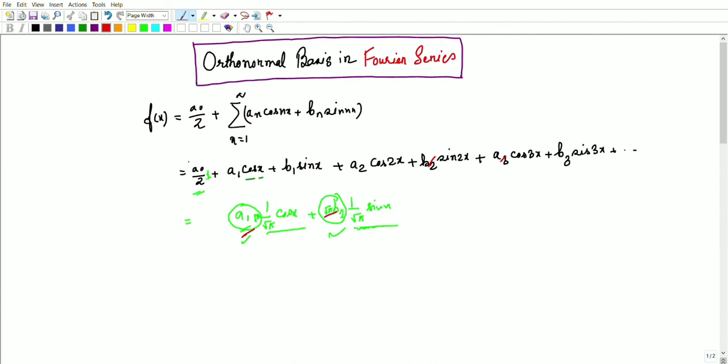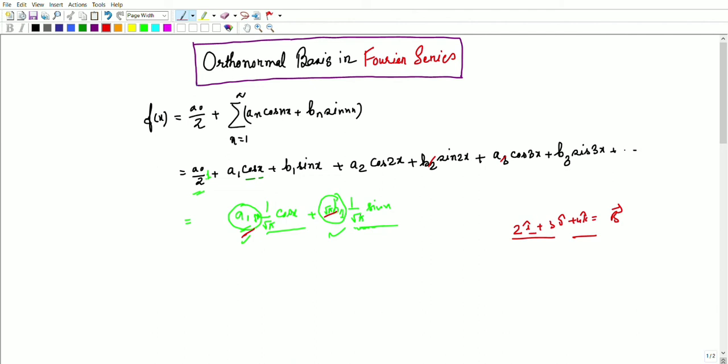Okay, and we can represent some particular function, like in the case of a vector, depending on different coefficients of i cap, j cap. Suppose 2 i cap plus 3 j cap plus 4 k cap. Suppose some vector was represented like that, and these i cap, j cap, k cap are orthonormal basis vectors there.